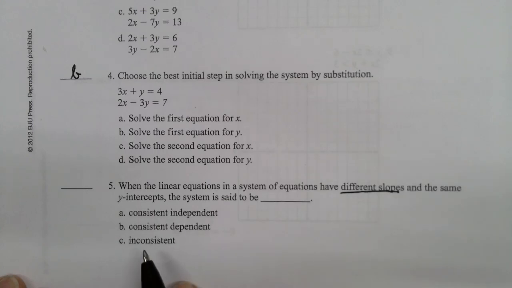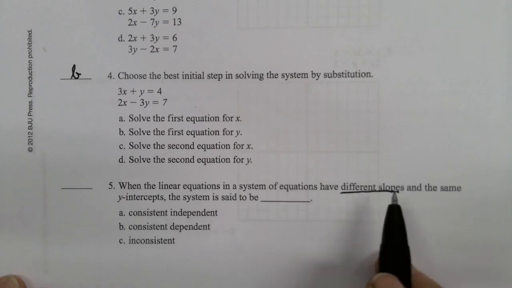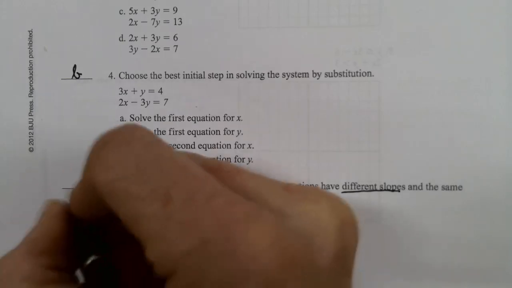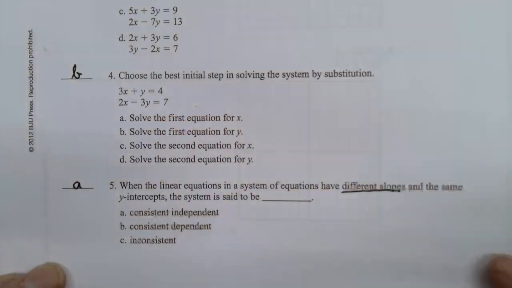Inconsistent is when you have parallel lines. At the same time, it can't be consistent dependent, because consistent dependent has the same slope. So if there's different slopes, it has to be consistent independent. Those lines are going to intersect at some point.